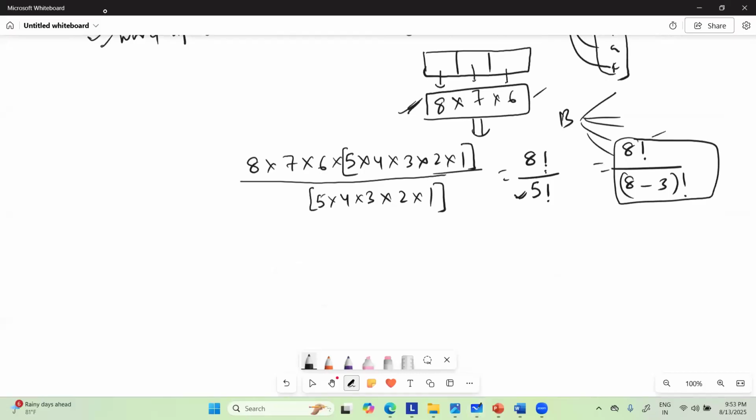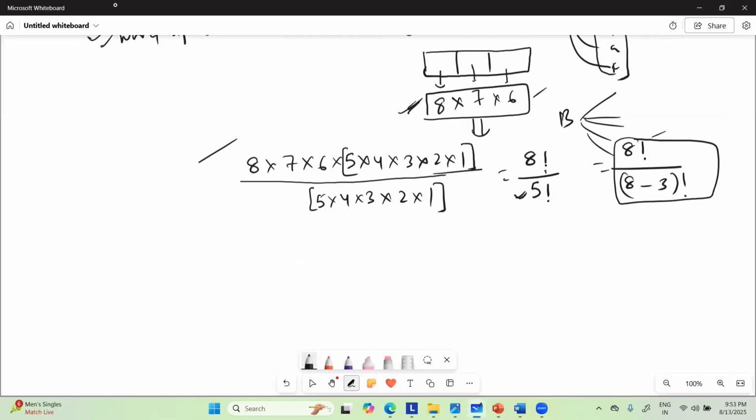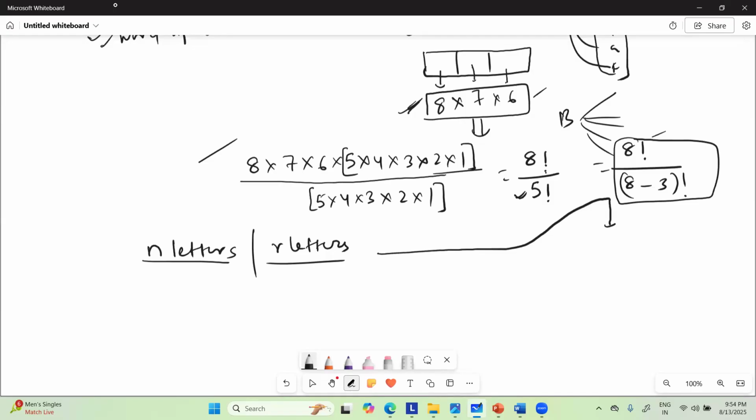If, let's say, rather than taking 8, I have n letters, and rather than making a word of 3 letters, let's say we have to make a word of r letters. So we can put this here to generalize it, that the total number of words will be n factorial divided by n minus r factorial. Right.